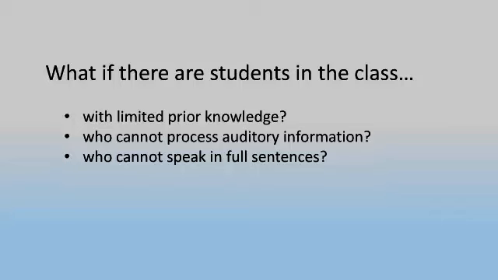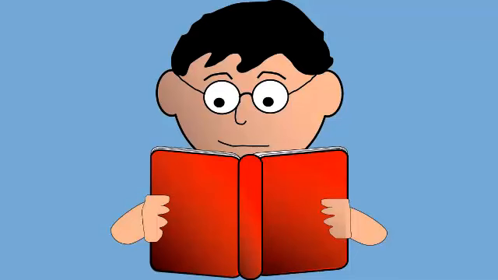What if some students cannot process information through the auditory channel? What if some students cannot construct full sentences when they speak? It's important to remember that a teacher does not have to plan for every possible student need, just the needs of the students with whom the teacher is working at the time. Differentiating for more than 3 or 4 specific needs within any given lesson may become unmanageable.